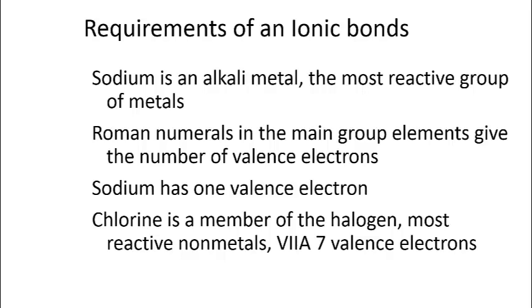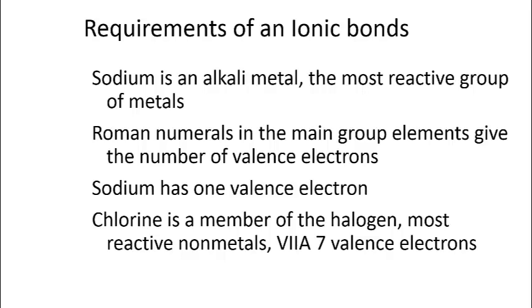Sodium is an alkali metal. The alkali metals are the most reactive group of metals on the periodic table. They are group 1A. Remember, the Roman numerals on the top of the periodic table column in the A, or main group elements, give you the number of valence electrons that are found in the s and p orbitals in a particular element.